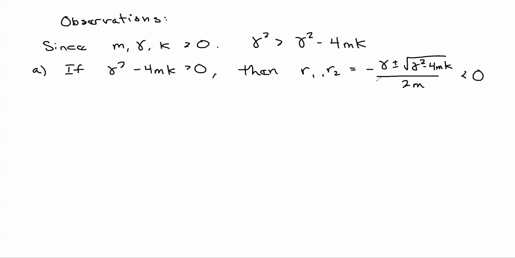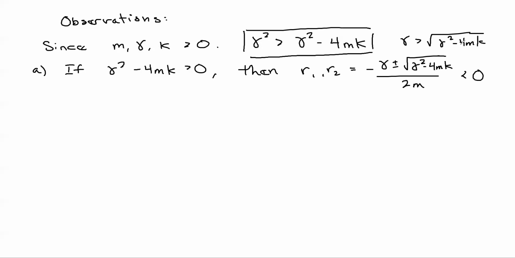Why is that? It comes down to this right here. What would happen if you took the square root of both sides? We would have that gamma is bigger than the square root of gamma squared minus 4mk.